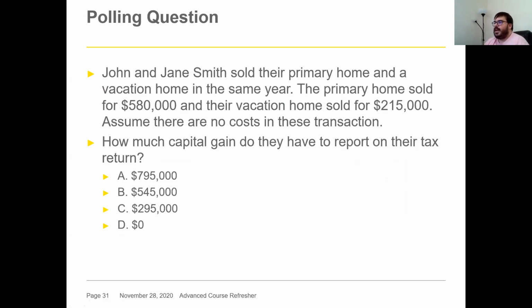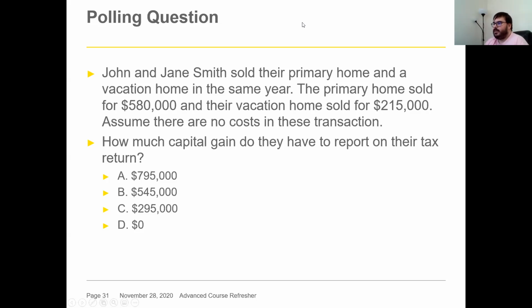All right, so I have another polling question. John and Jane sold their primary home and a vacation home in the same year. The primary home sold for $580,000, and their vacation home sold for $215,000. Assume there are no costs in this transaction, so assume the basis in these houses is 0. How much capital gain do they have to report on their tax return?